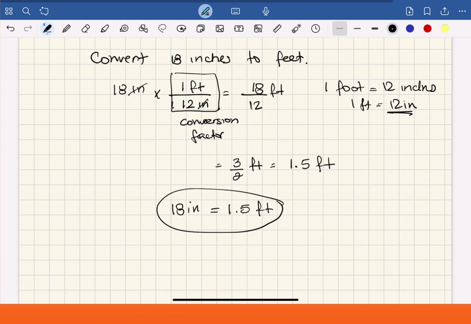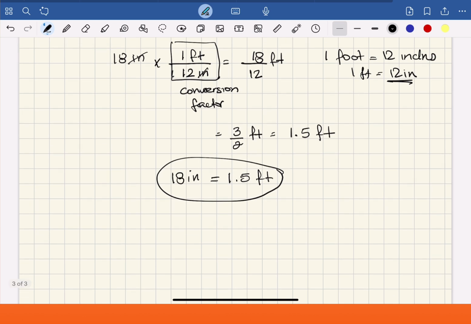If you were cooking, a recipe calls for 2.5 pints, and you don't have a pint measurement, and you want to know how many cups that is. You would say, I know that 2 cups equals 1 pint.